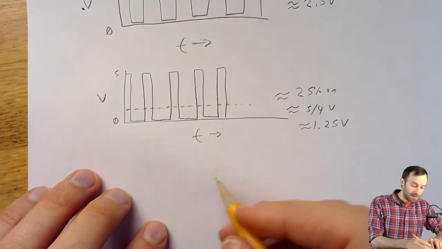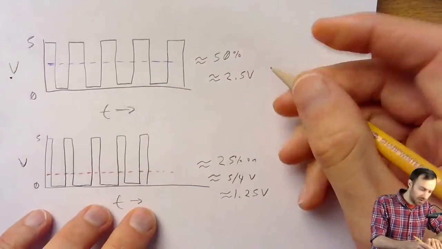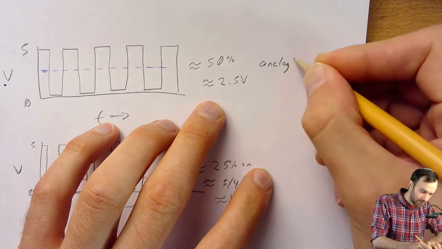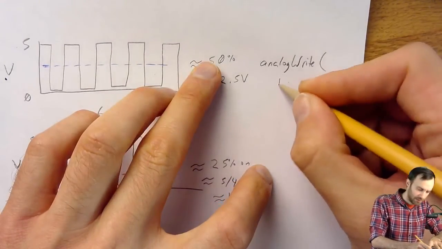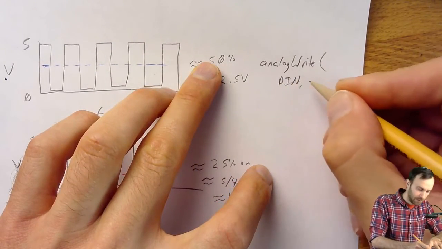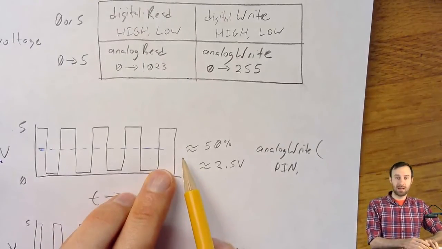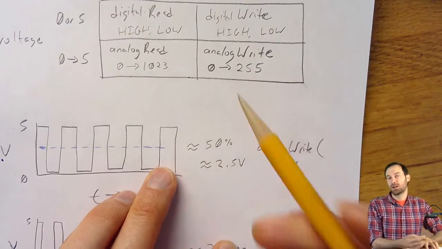Now, if you want it to output this voltage up here, what you would do is the command analogWrite, whatever your pin is, comma, and what is halfway? Well, let's look at the value. If the minimum value is 0 and the maximum is 255, halfway is about 128.